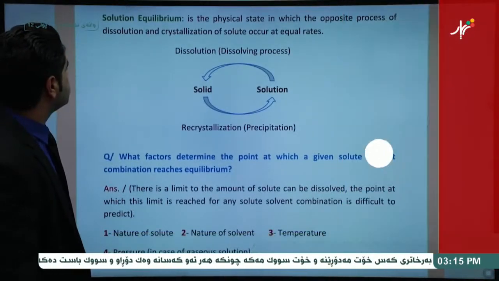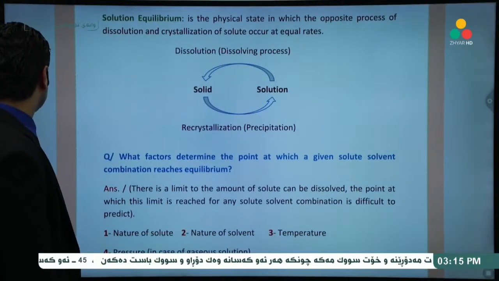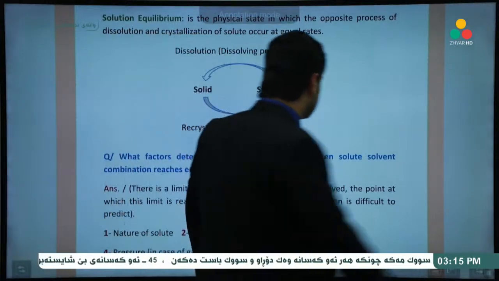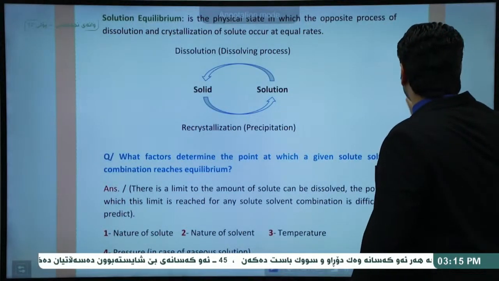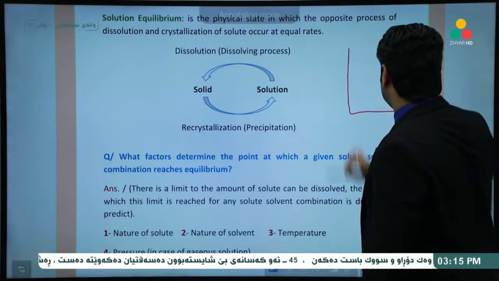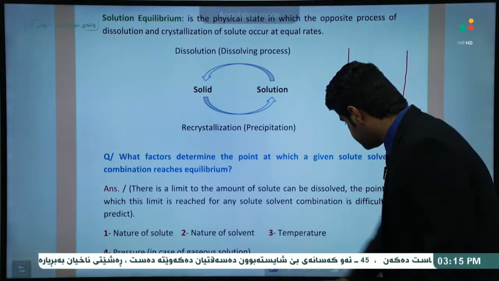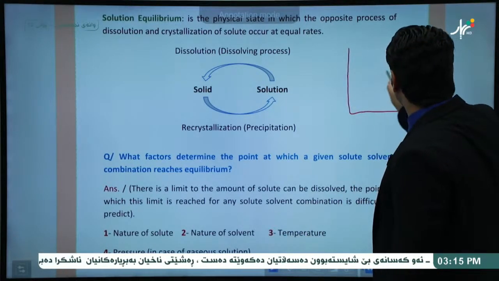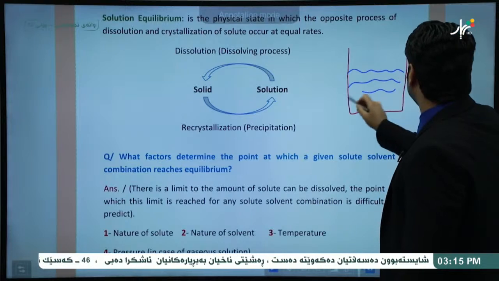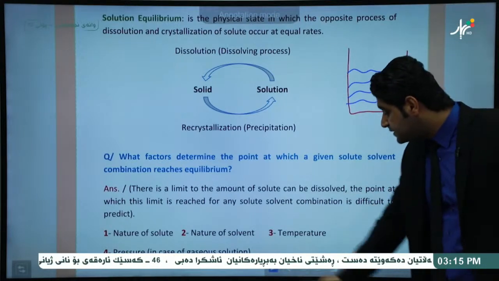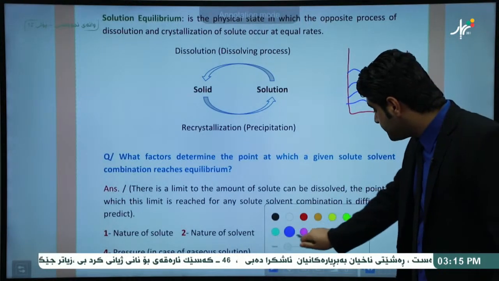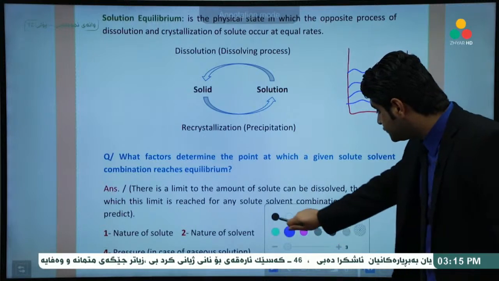And now we have a solution equilibrium. What is the solution equilibrium? When we prepare a solution, look, this is a jar, this is a beaker, and it contains some water. This is water. And let's put some particles of sugar.